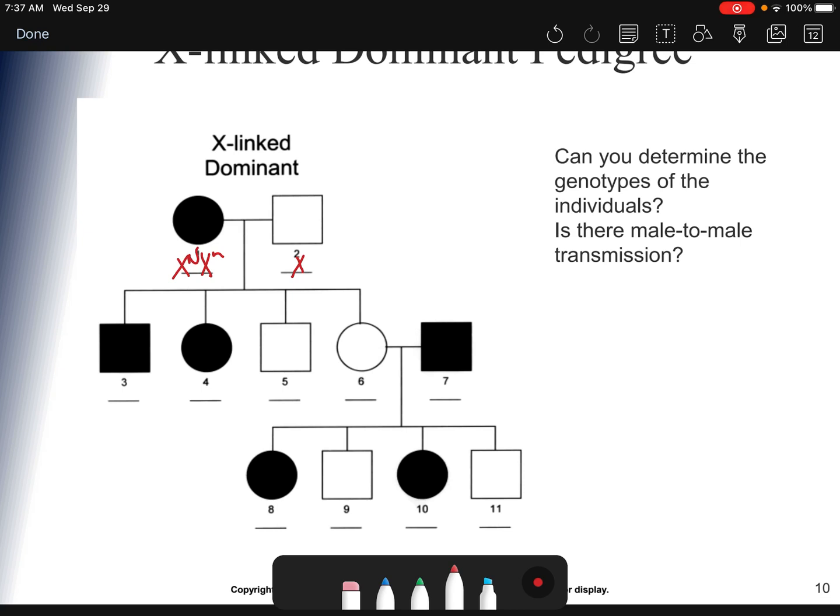And then he would not, so you'd have a little one here. That's the normal now, is to have a little allele. This one, because they are affected, he'd have a dominant allele. This one is not affected, so a little allele. Not affected.